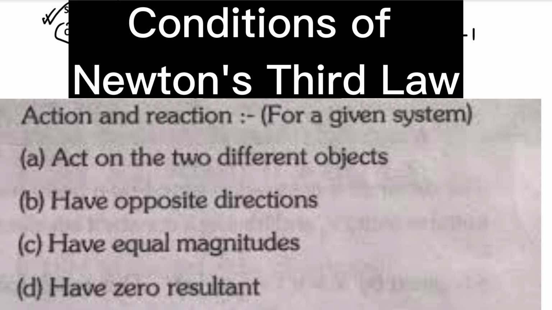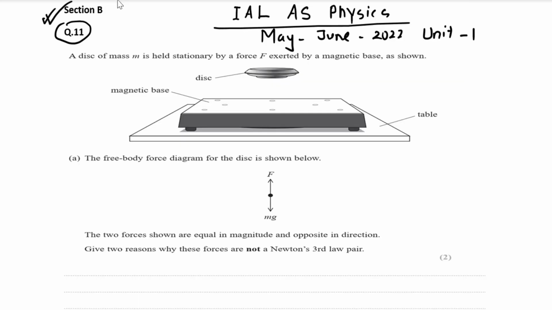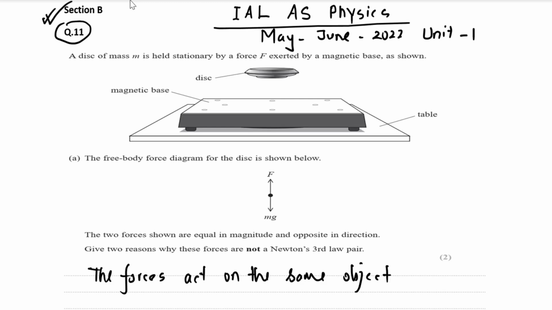Here one force acts downwards, which is weight. So the forces act on the same object. Number two, they are different types of force.